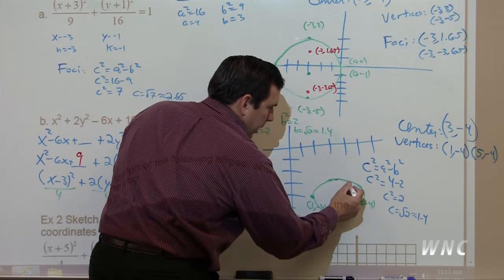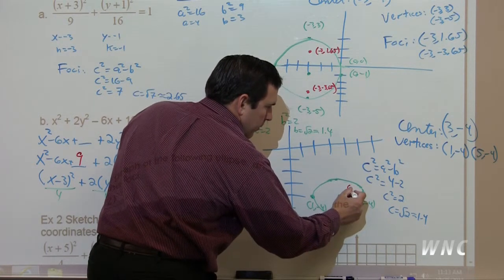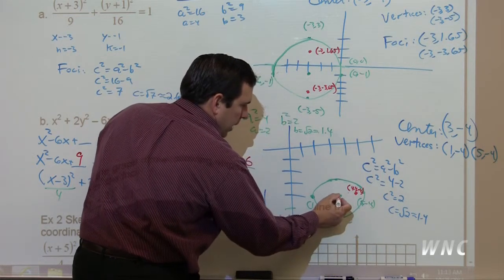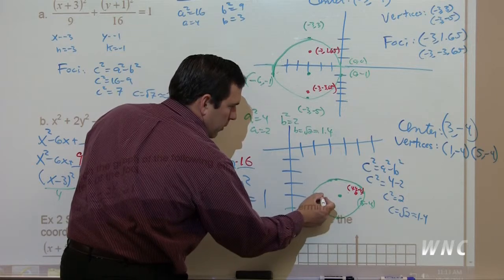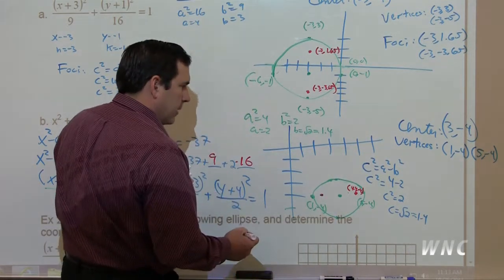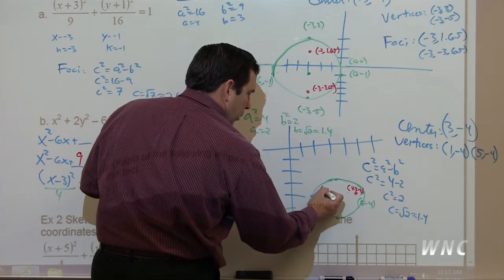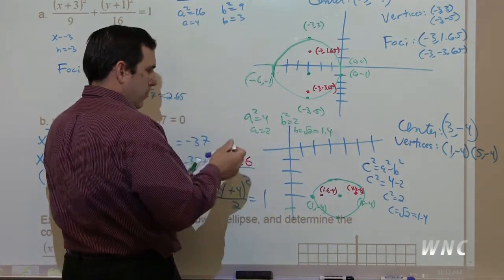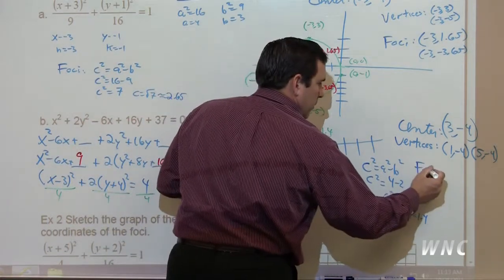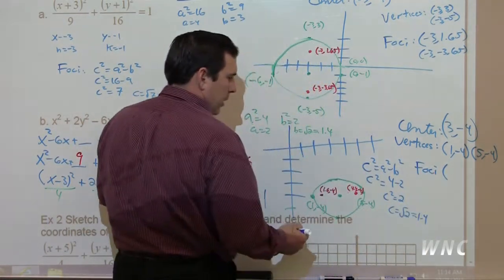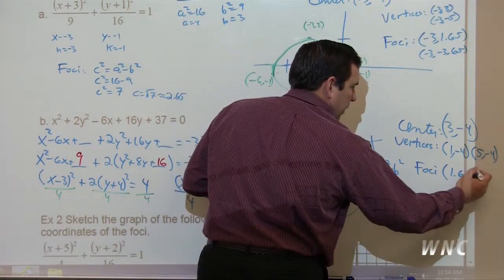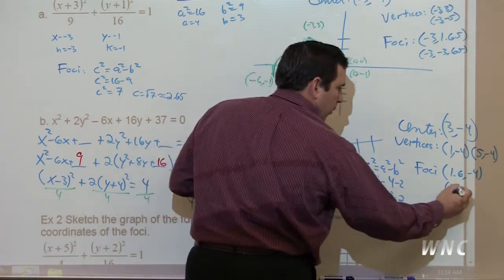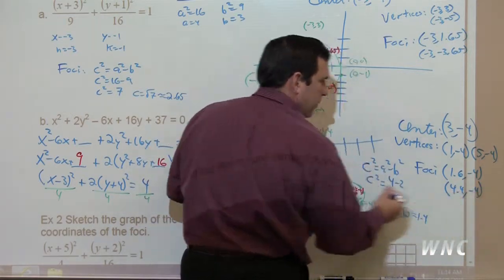So this is going to be located at 4.4, negative 4. Go to the left 1.4 units, and that's going to be at 1.6, negative 4. So our foci are located at 1.6, negative 4, and 4.4, negative 4.